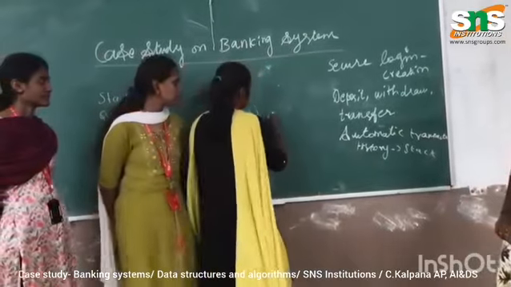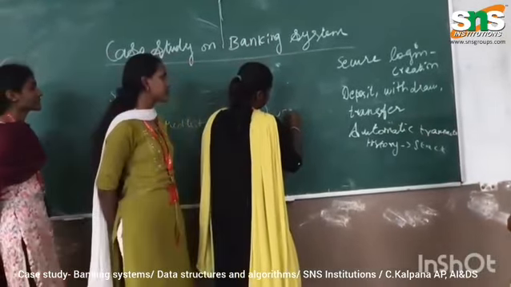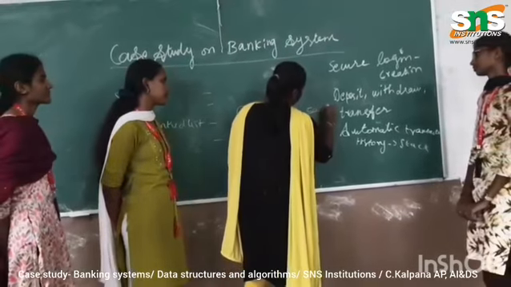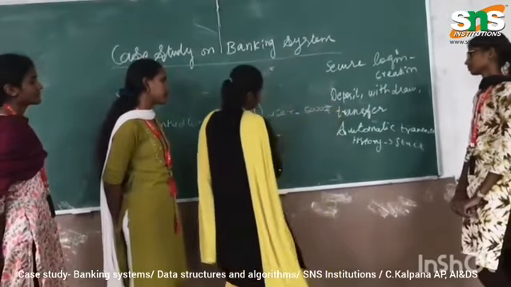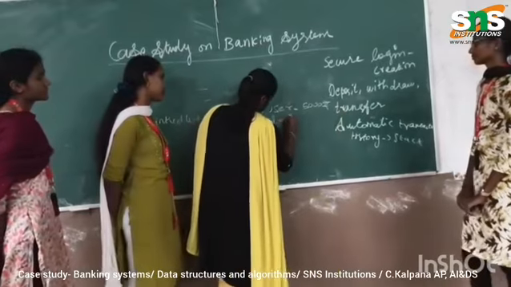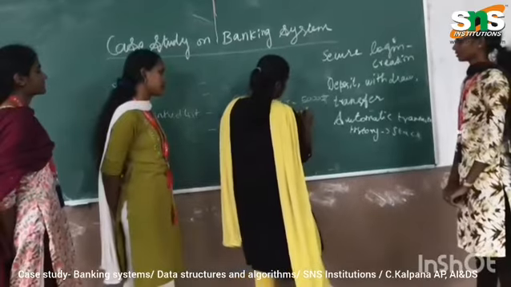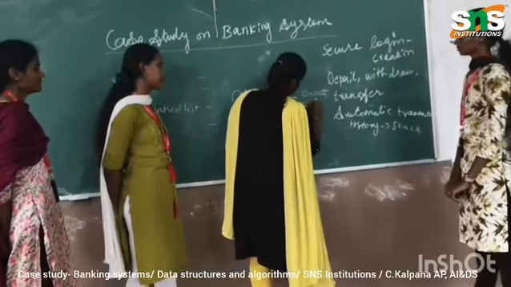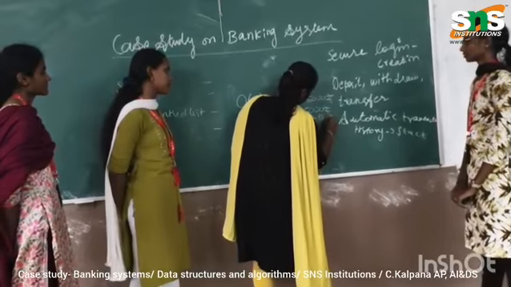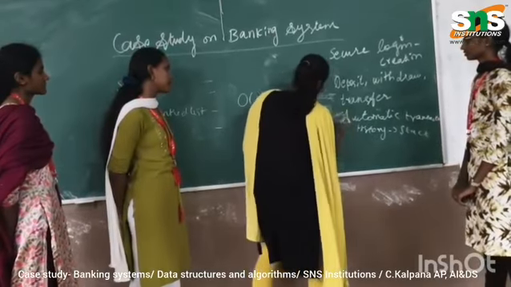Example, now the user deposits 5,000 rupees in his account. Now the balance is updated as 5,000 rupees plus balance.